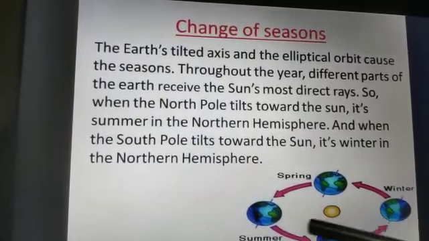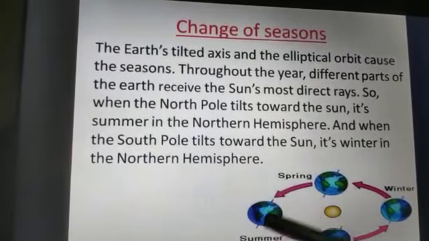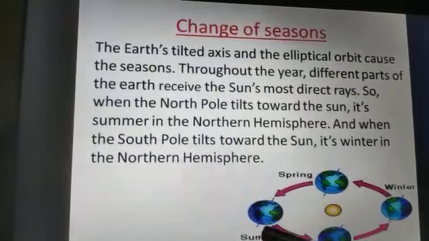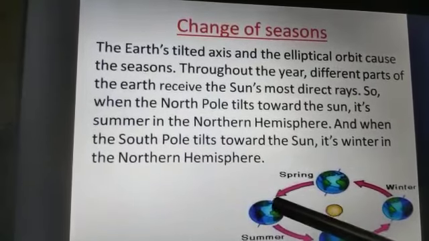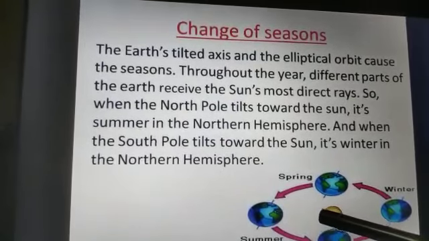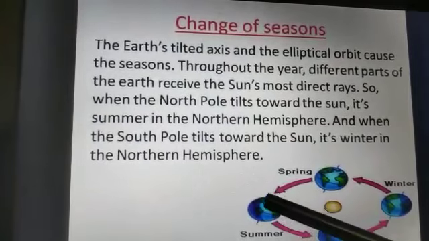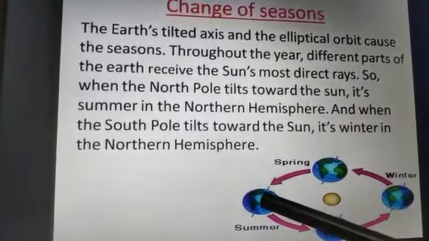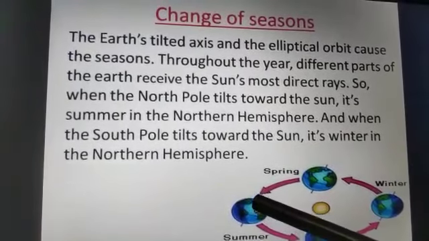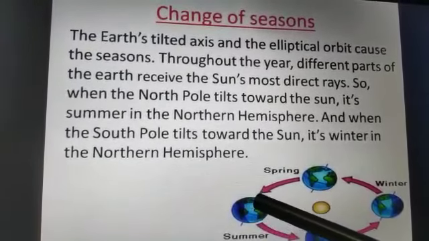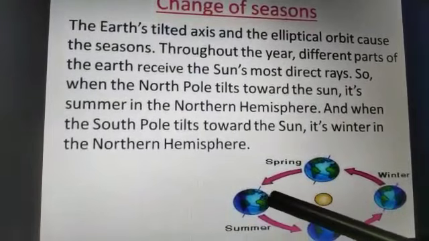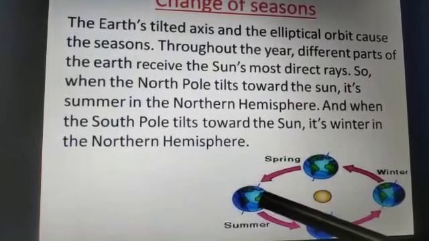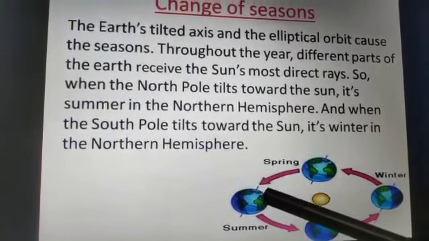In the summertime, the North Pole is tilted to the sun. It is inclined to the sun. Northern hemisphere means the upper portion of the globe, the earth. So the upper portion, that means the northern hemisphere, gets direct sun rays. So, it is summer in the northern hemisphere.